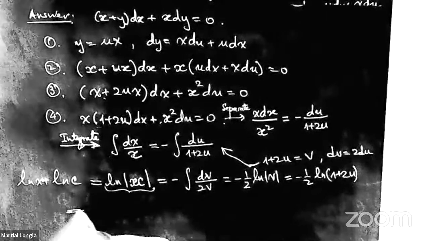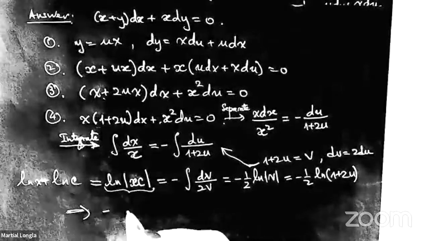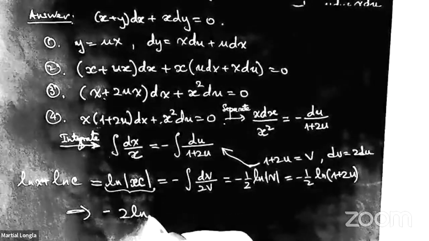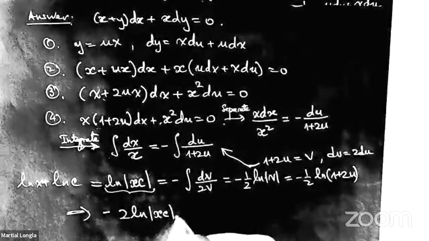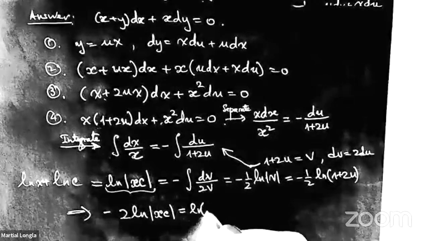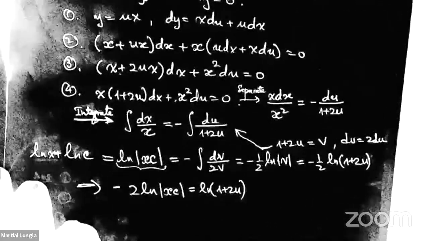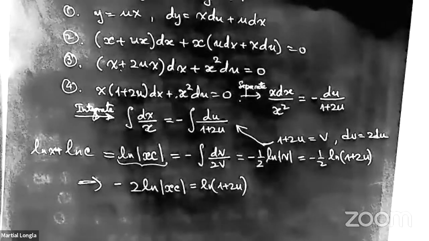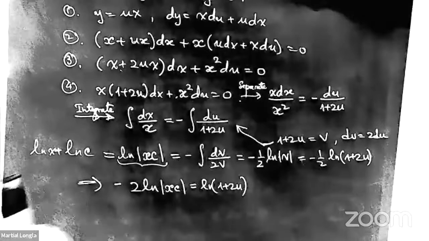And to make my life easier, I can do many things actually. So I get negative 2 natural log of absolute value of x times c equals natural log of 1 plus 2u. I just multiply both sides by minus 2.